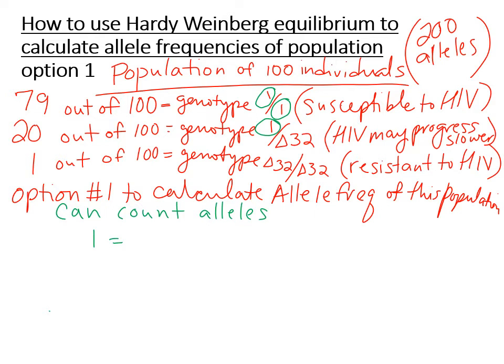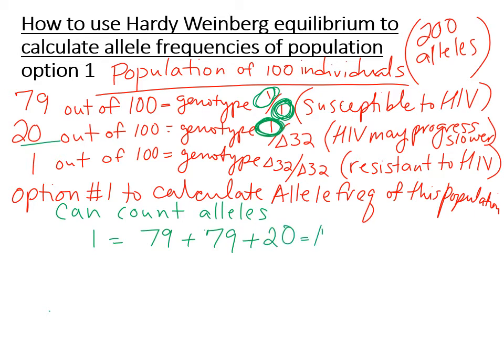That first one that I circled, what's the frequency of that? 79 out of 100, so 79 for that first one. For the second place that we found it, that's also 79. And the third frequency is 20.